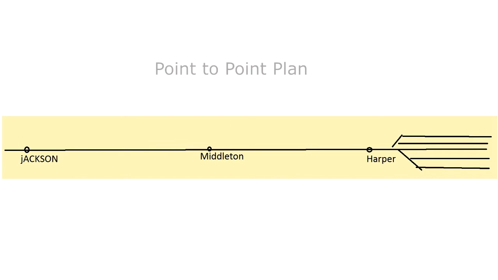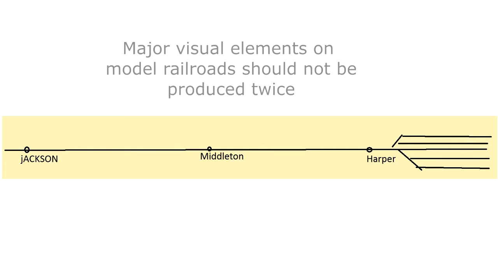So take a look at a point to point. You can have a yard at the end on the east side, a yard at the opposing end, but yards are also space killers. One of the design principles that's been known throughout the model railroaders for decades is don't do anything twice.